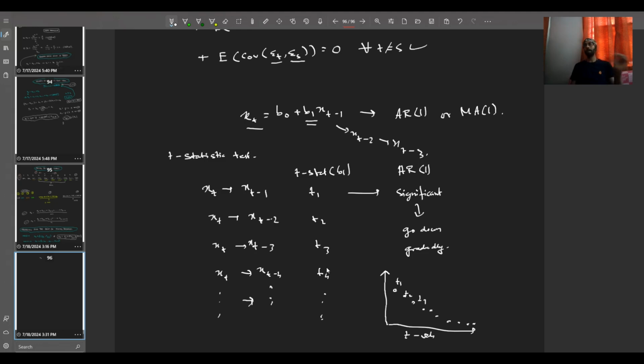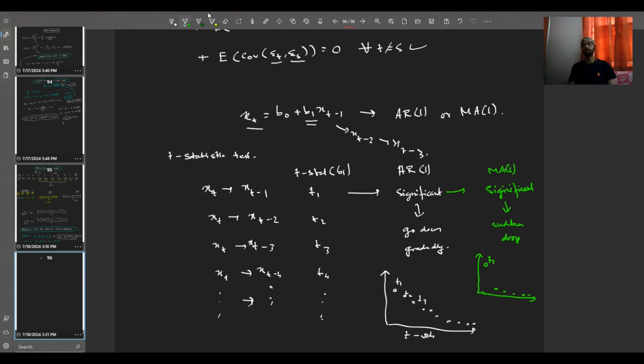And if it's an MA1 model, it will be different, friends. If it's an MA1 model, the first value, that is t1, will be significant. And then there will be a sudden drop, not a gradual drop, friends. It will be a sudden drop. So the graph may look something like this. The first value comes here, and then the other values go like this.